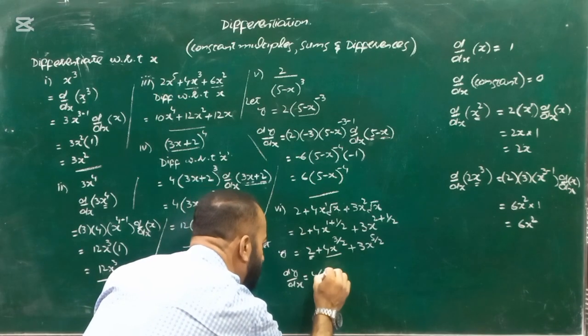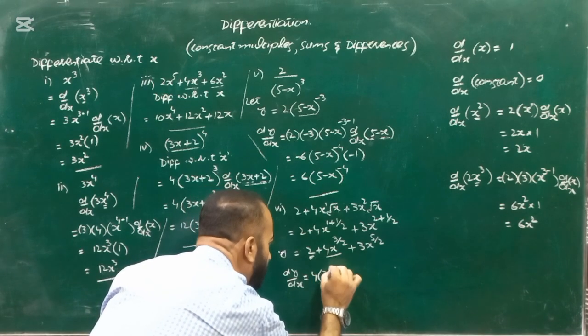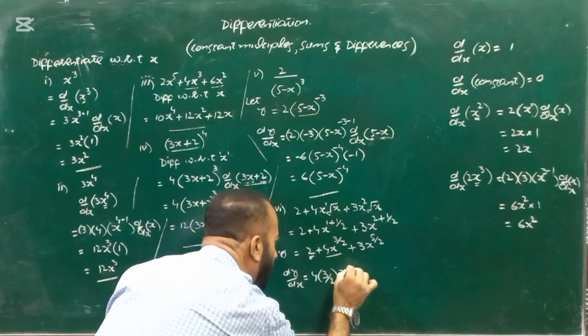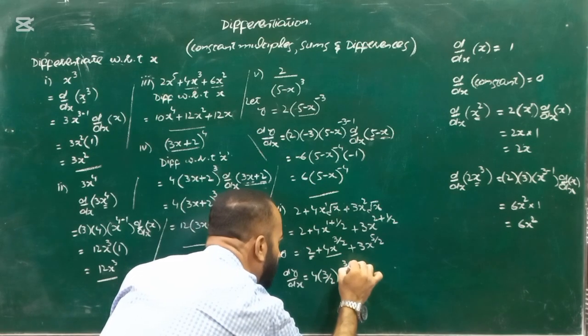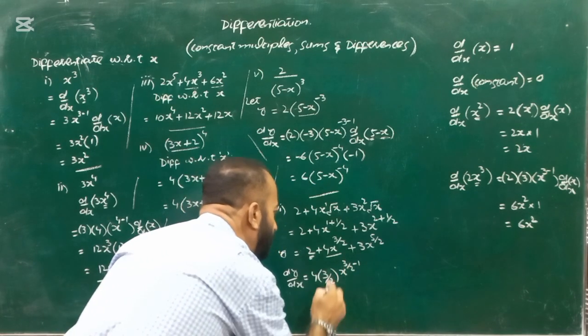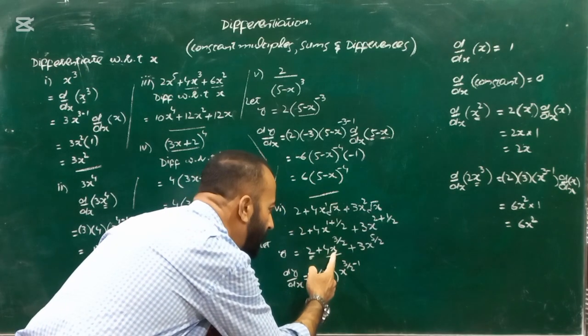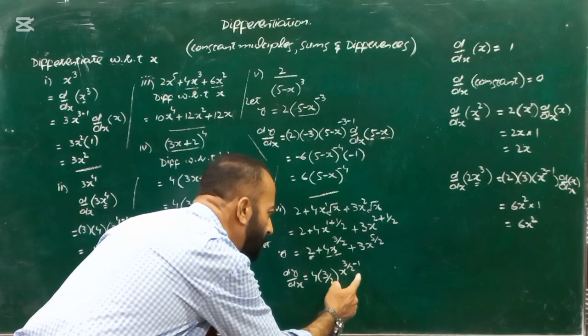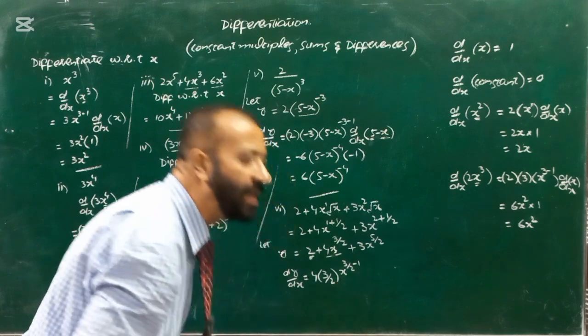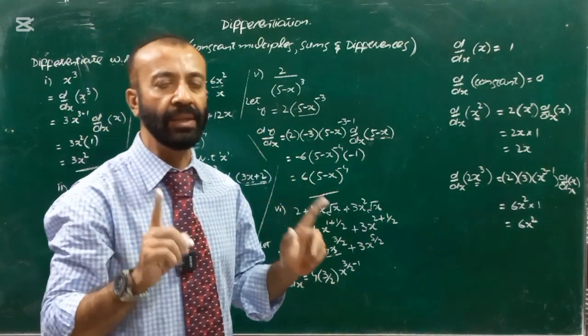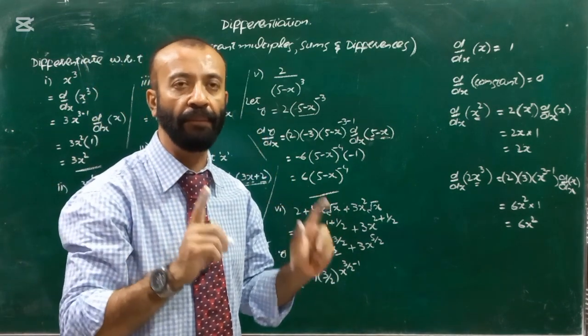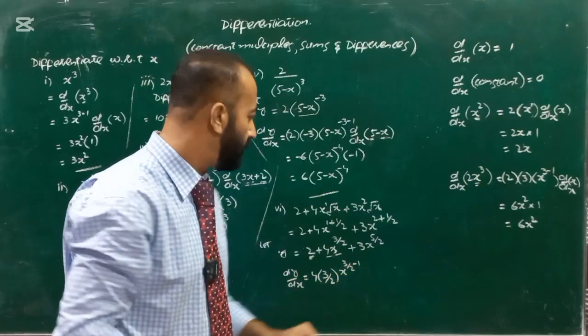The power will come down. Make 1 less from the power. And take the differential of the value which is having the power. So x is the function which is having the power. So the differential of x will be 1. So there is no need to write 1 because we have discussed it earlier. There is no effect of multiplying 1 with anything.